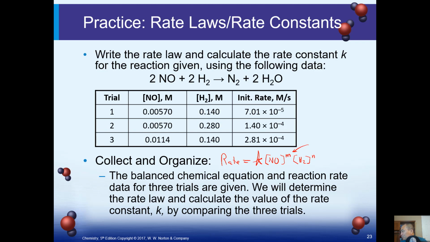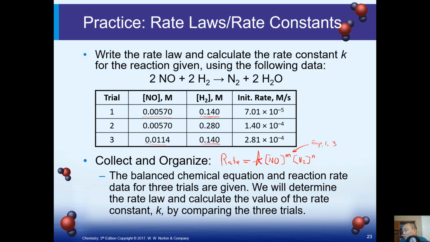So when we look at that, to determine M, it would be experiments 1 and 3, which have H2 kept constant and NO concentration changing. And when we want to determine the reaction order with respect to H2, we need to make sure the H2 concentration is changing while all other concentrations are kept constant.